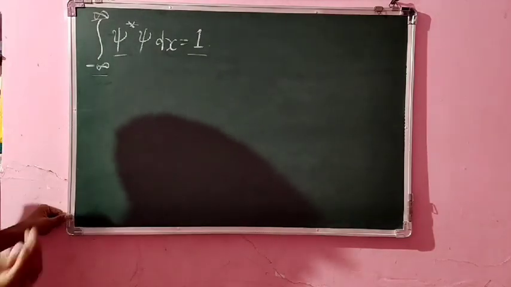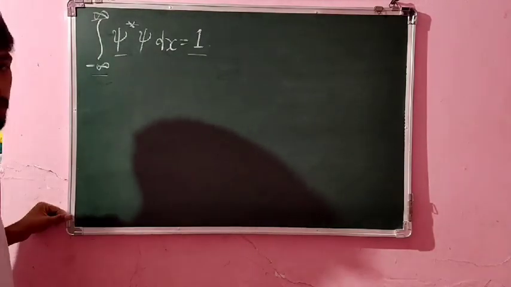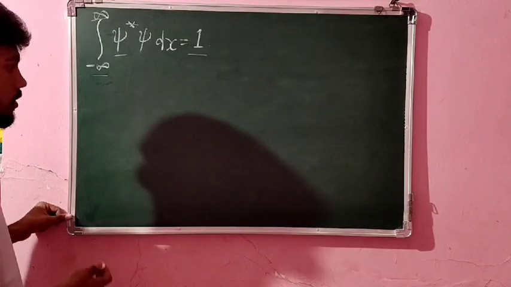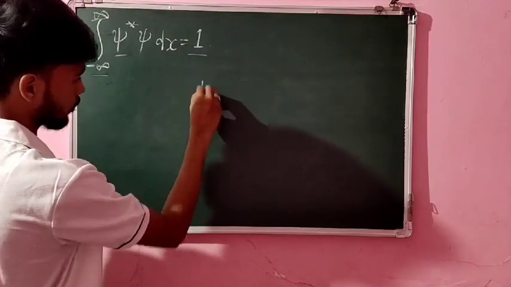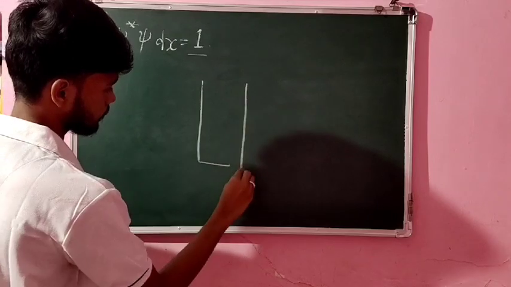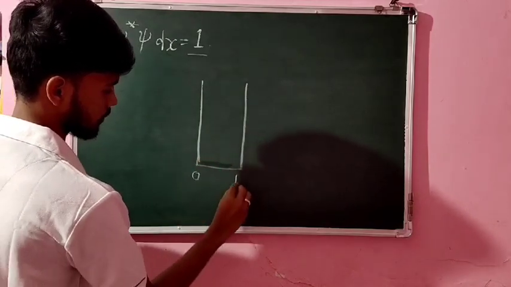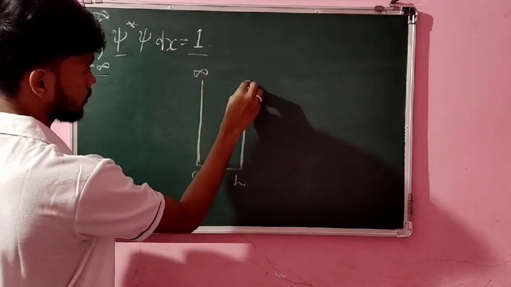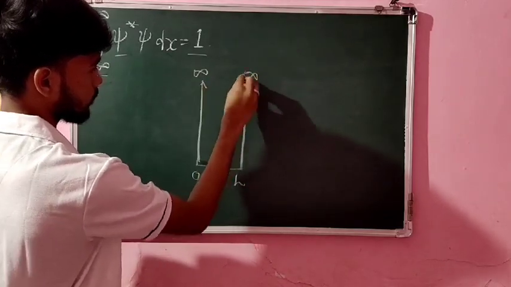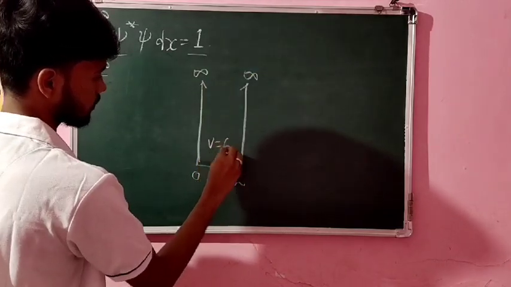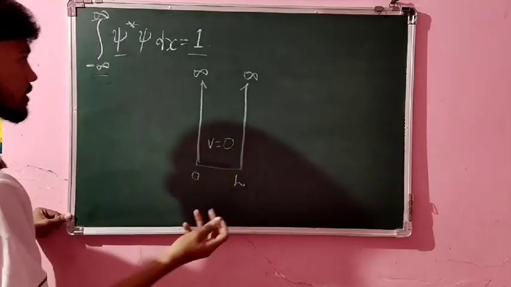Now let's consider an example: by the usual method, how will you solve for the normalization constant? Let's solve for a 1D box, that is 0 to L, an infinite 1D box. The potential inside the well is 0 and outside is infinity.